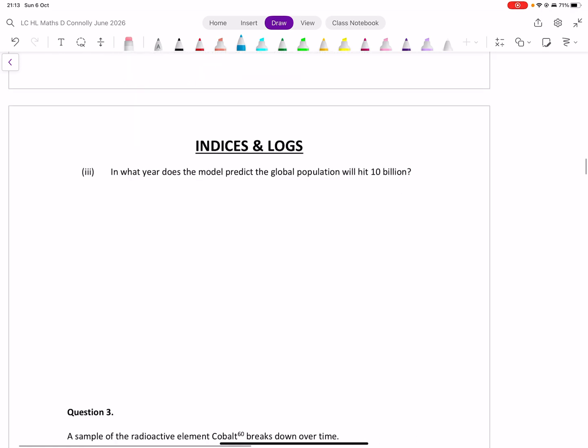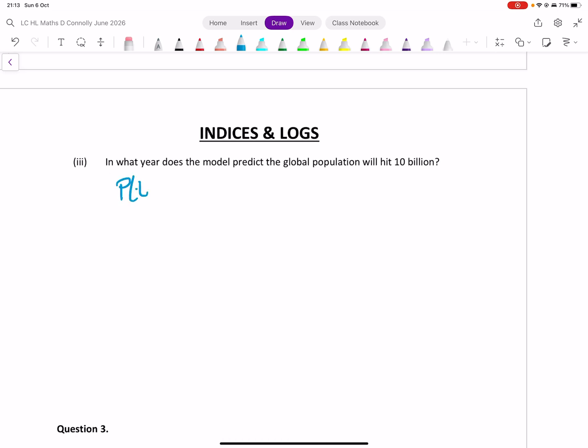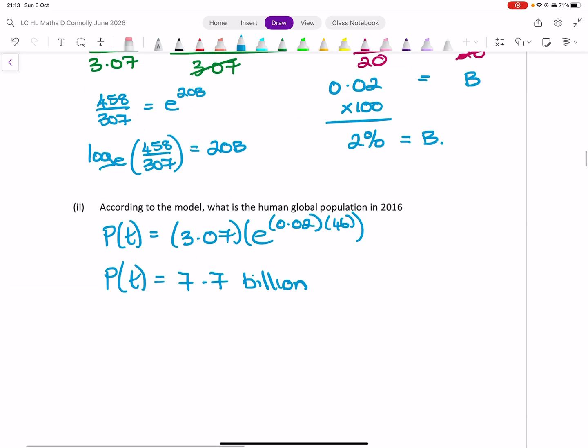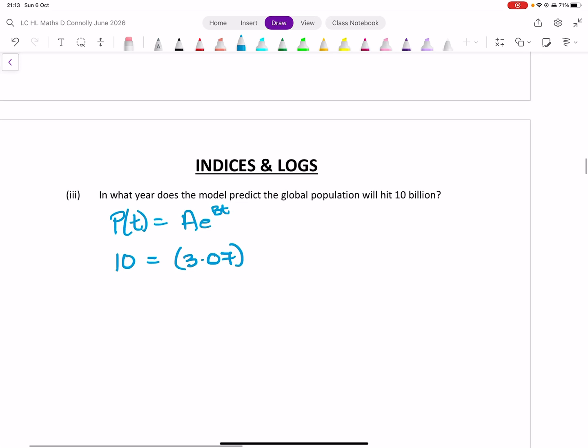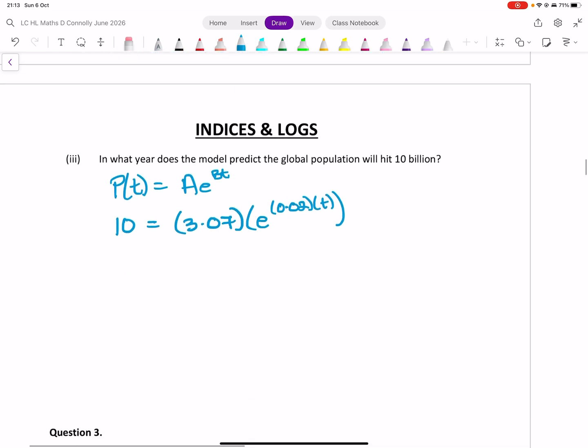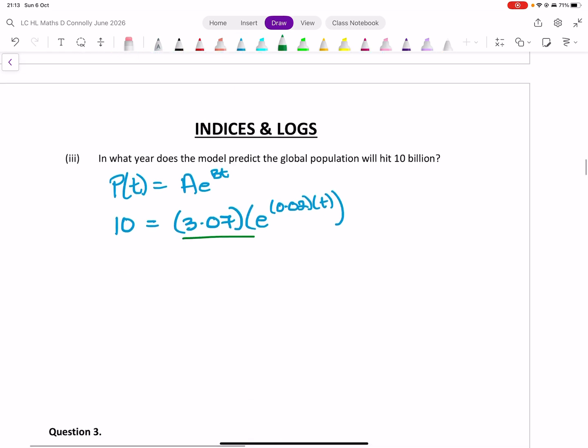Seems kind of logical. In what year does the model predict the global population will hit 10 billion? Okay, so P of T equals A e to the BT. 10 billion is our aim. So 3.07 is A, this is 0.02, and this we don't know is T. We've done this maths a few times already.